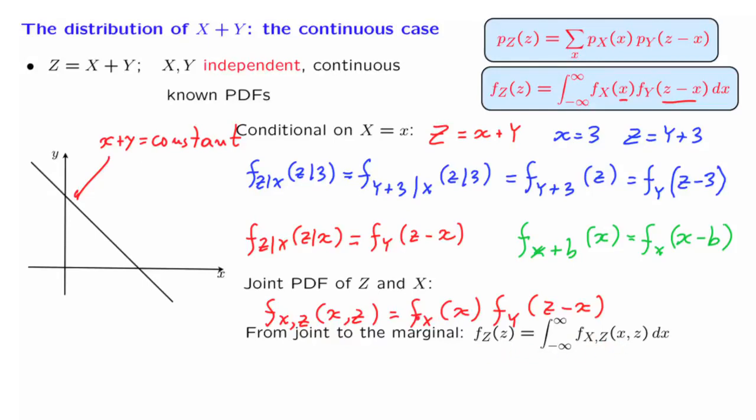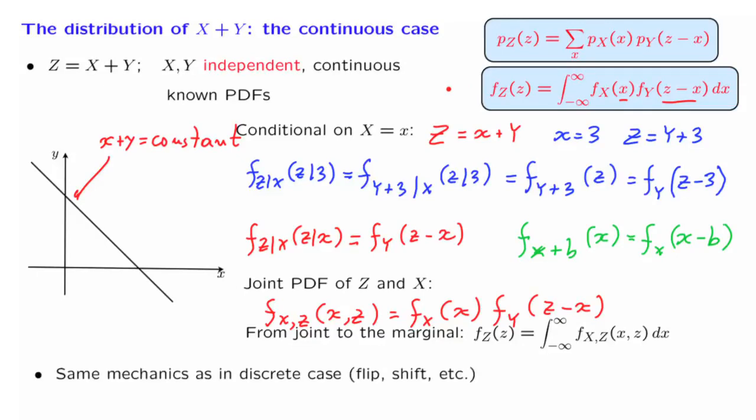Using this specific form that we have for the joint PDF in this formula, we have finally obtained this expression. This is the integral of the joint PDF of x with z integrated over all x's, and this proves this convolution formula.